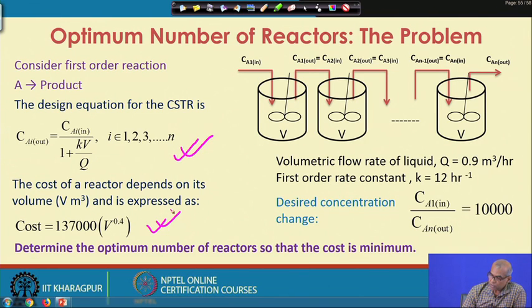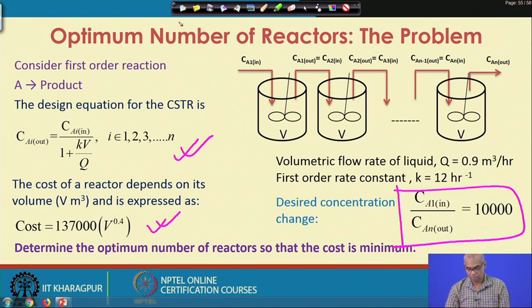The desired concentration change, Ca1 in by Can out, will be 10,000. So, this concentration divided by this concentration will be equal to 10,000.